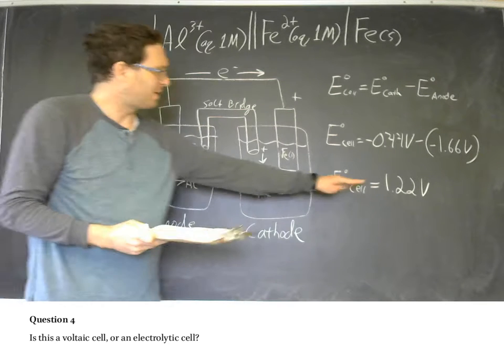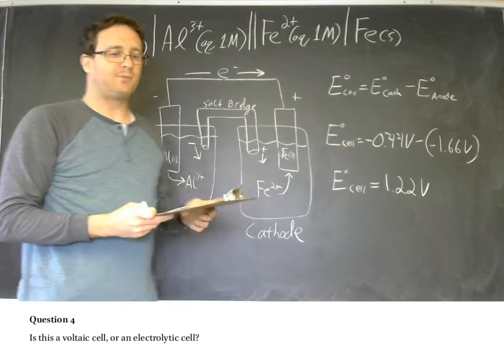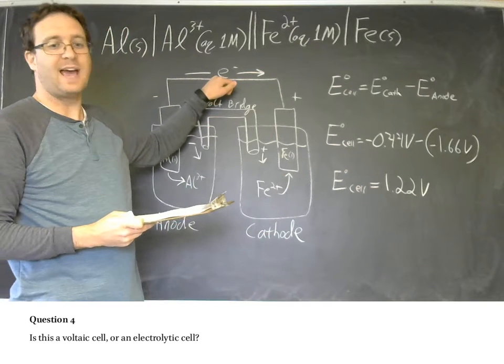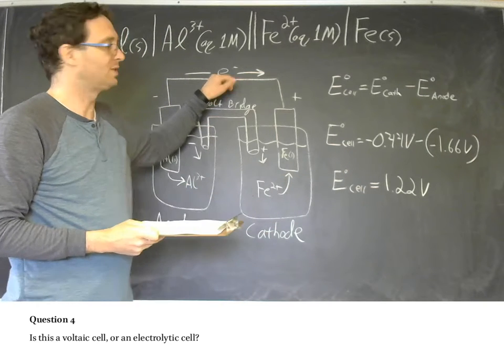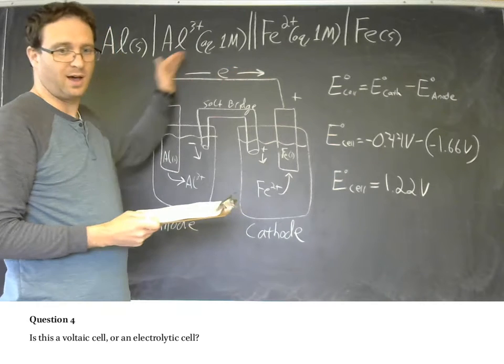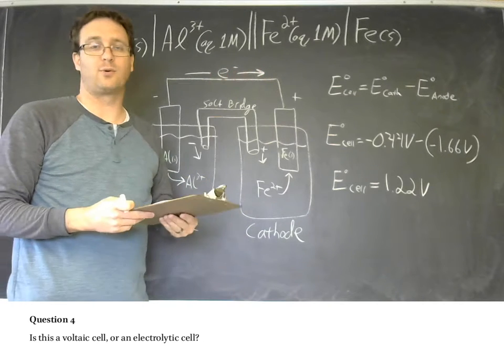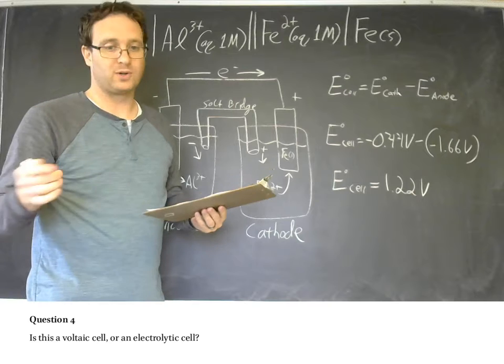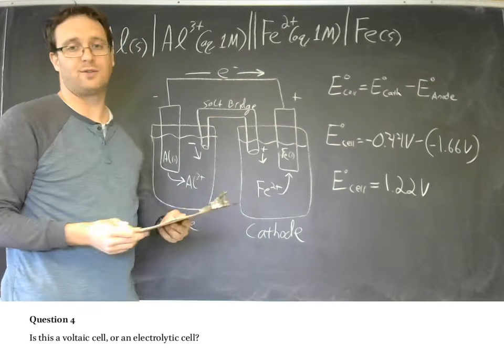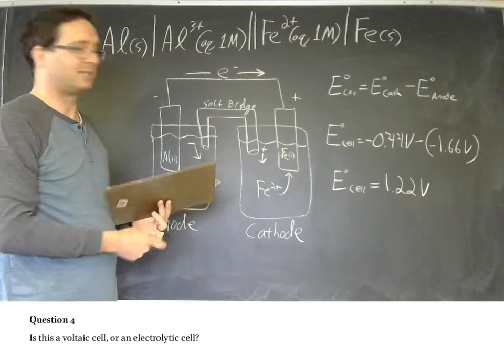If the potential were negative, then that would mean that we would actually have to connect an external voltage source in order to cause these electrons to flow in that direction, in order to drive them or force them against the spontaneous direction of flow. And so this is a voltaic cell.